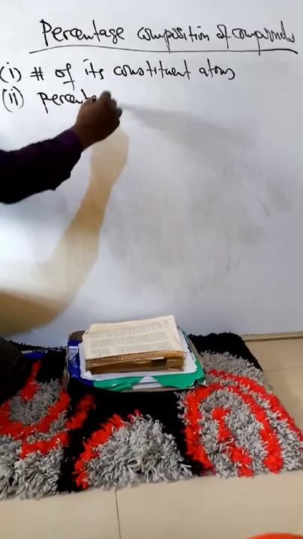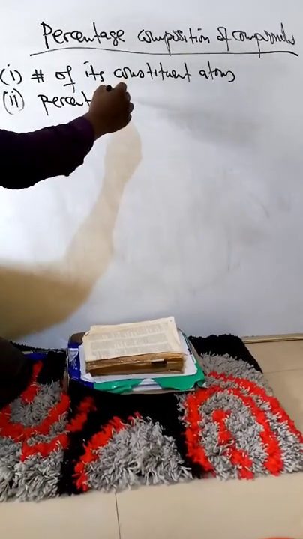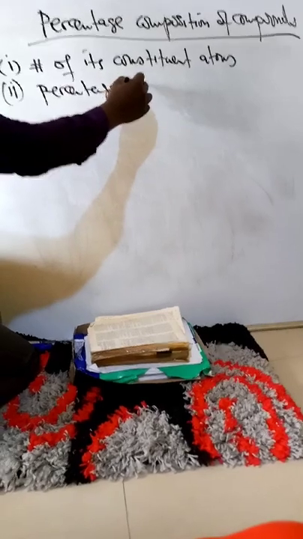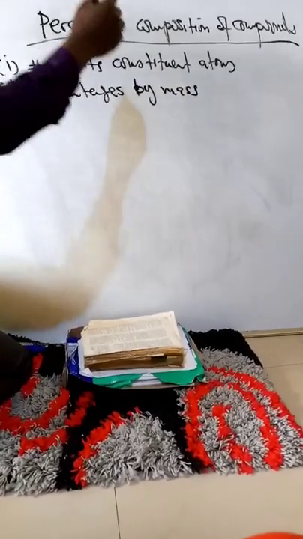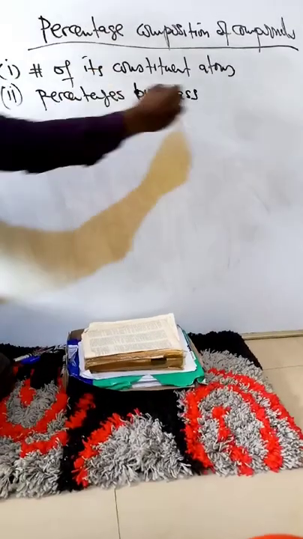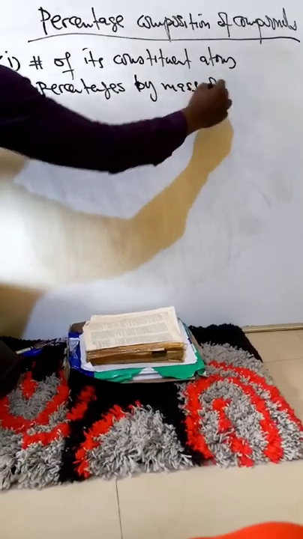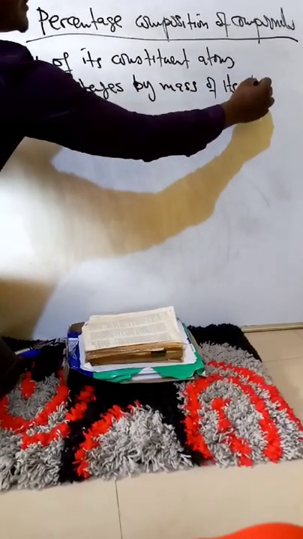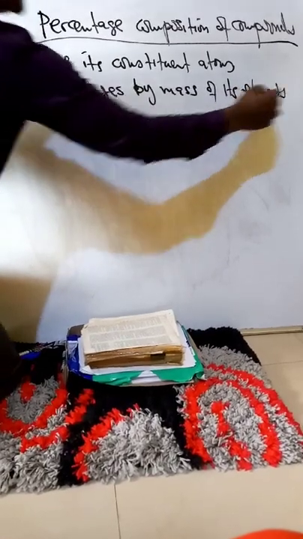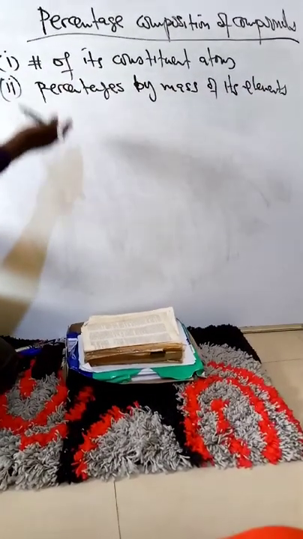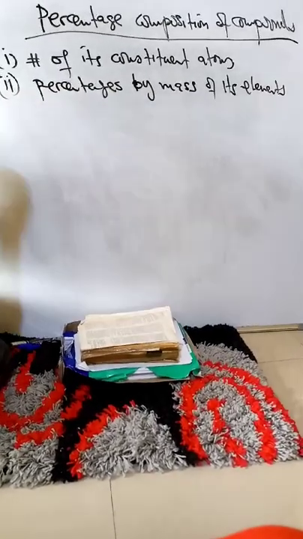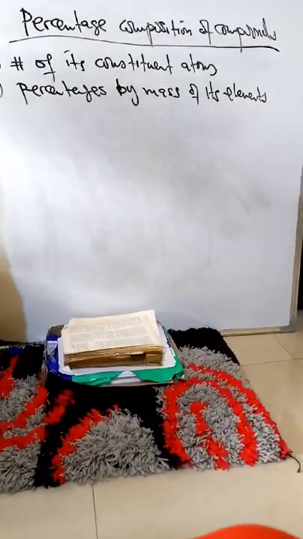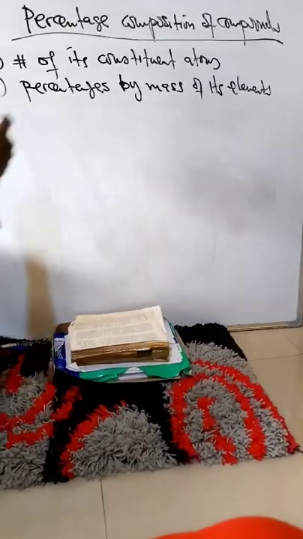That is the common way: percentages by mass of its elements. So these are the two common ways, but normally percentages by mass is the one that is widely used.